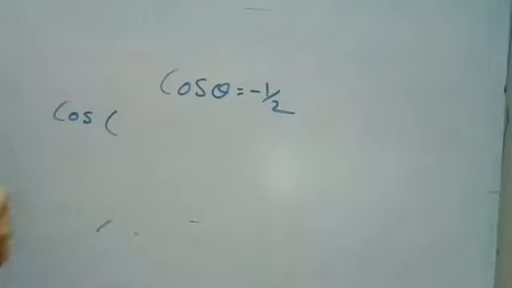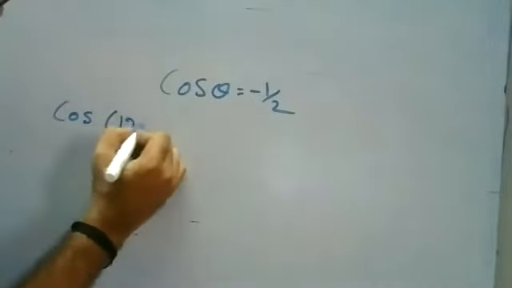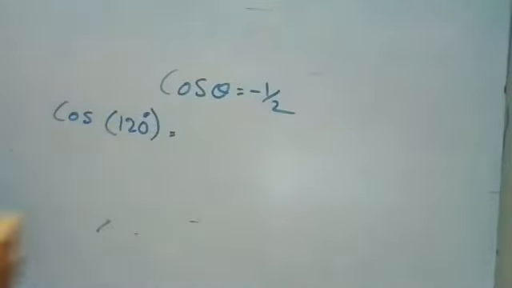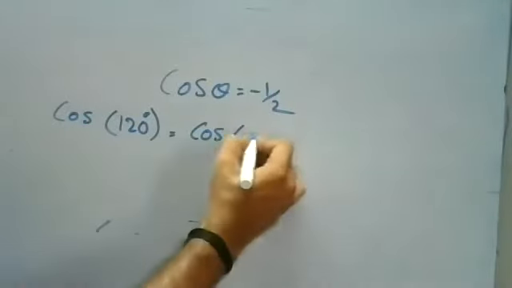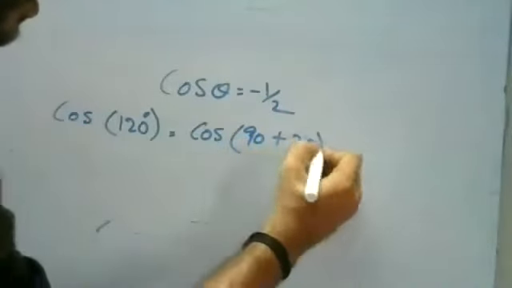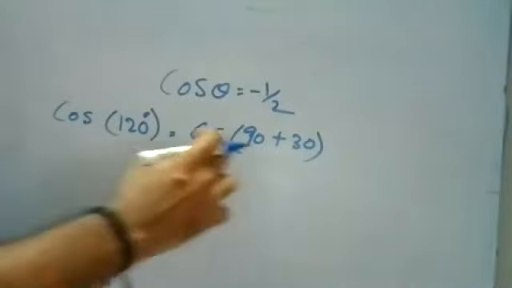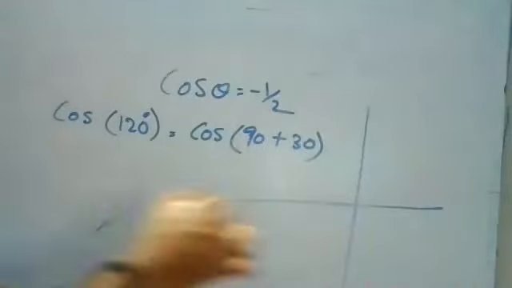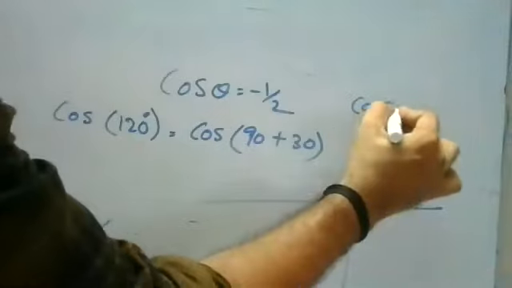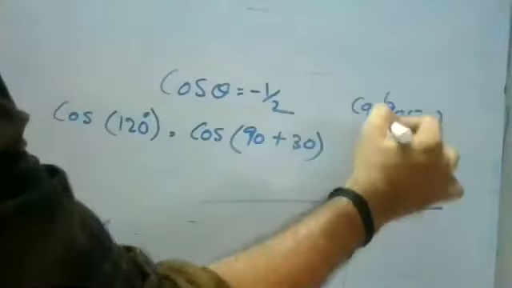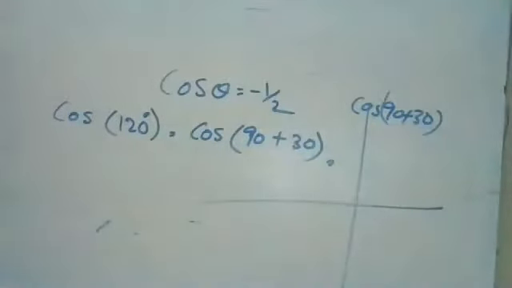For example, cos 120 degrees is nothing but cos of 90 plus 30 degrees. 90 plus theta is in the second quadrant. In the second quadrant, on the y-axis the cos function becomes the sine function, and it is minus.